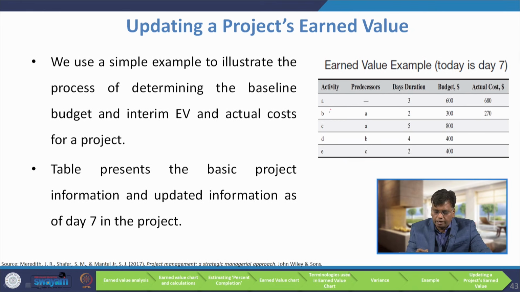There are activities A, B, C, D, with predecessors, duration in days, budgeted cost, and actual expenditure. For example, for activity A, the planned cost is $600 but the actual is $680, so it increased. But for activity B, the planned budget is 300, but we have decreased the budget requirement by $30, so it becomes 270. Using this table, I am going to construct the earned value analysis chart.